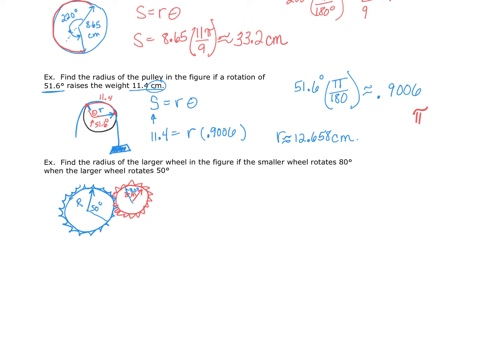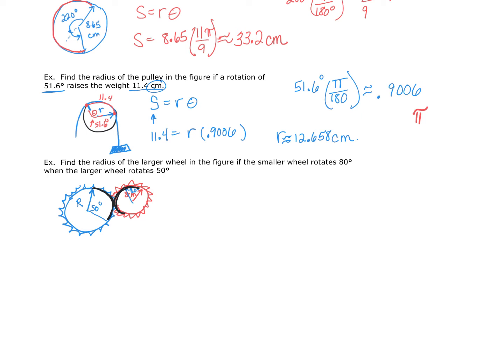Okay, so what you should notice is the teeth of these gears connect, and that when the large one moves this much, this arc, then that same arc has to be on this one here.